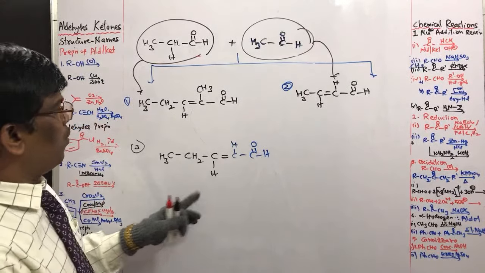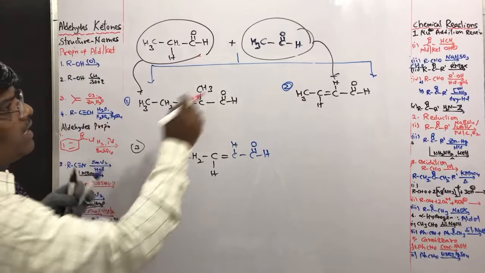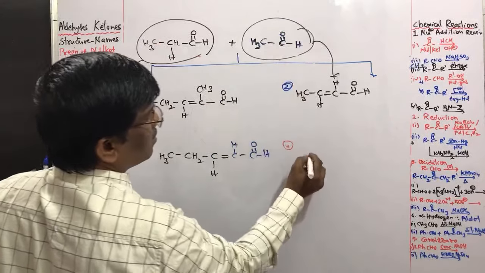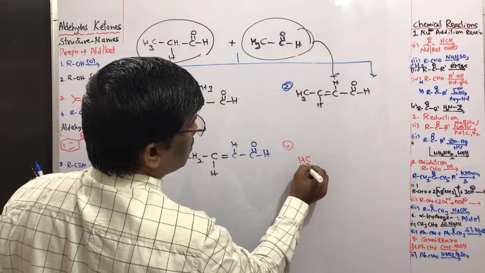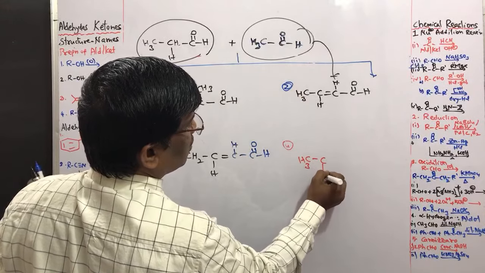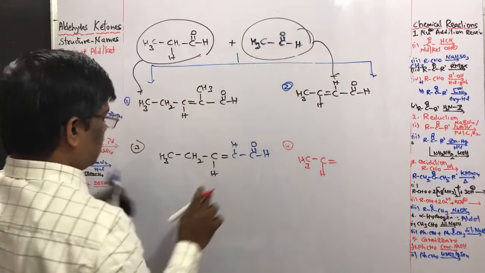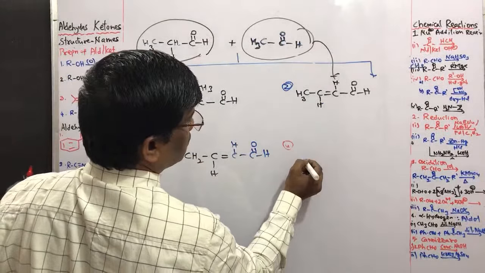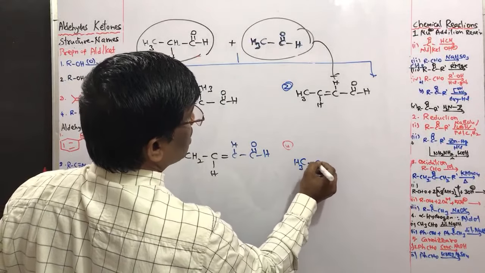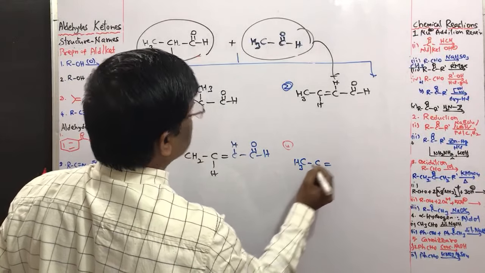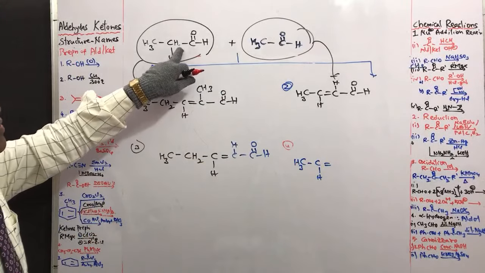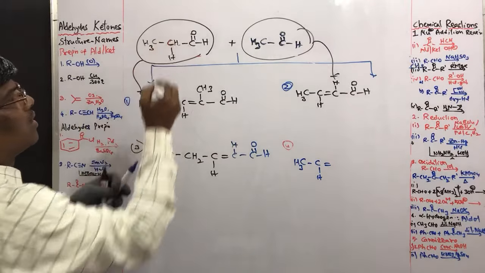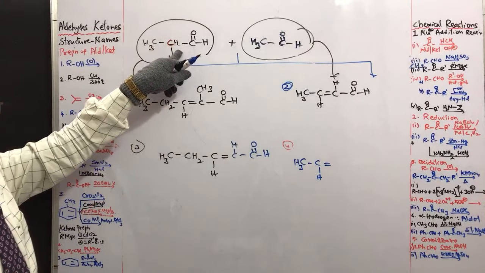This is the third compound, and it can attack from this side. CH3, hydrogen here, double bond, CH3 double bond C, and here which one is going to attack? This is the carbon which is going to react.